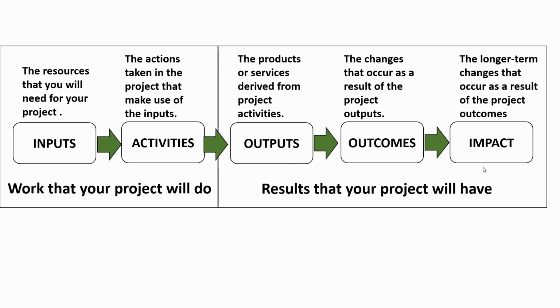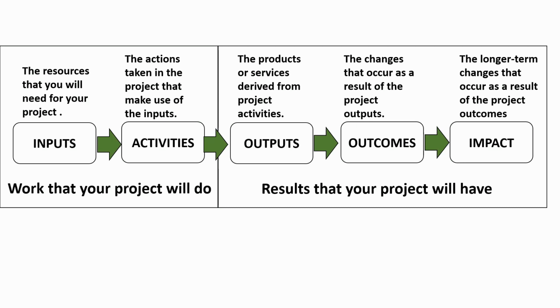But impacts, on the other hand, are broader changes like poverty reduction, rural poverty reduction, things like that, ending childhood hunger. These are the types of things that are bigger than one single project. And so your project alone by itself cannot be expected to achieve the impact, but it will contribute to the impact.